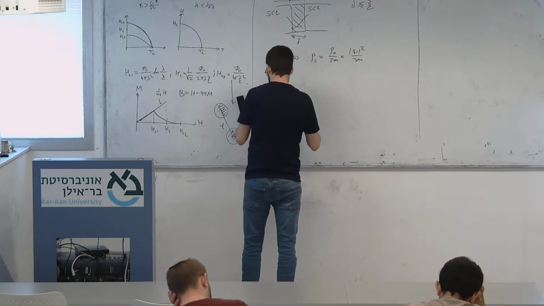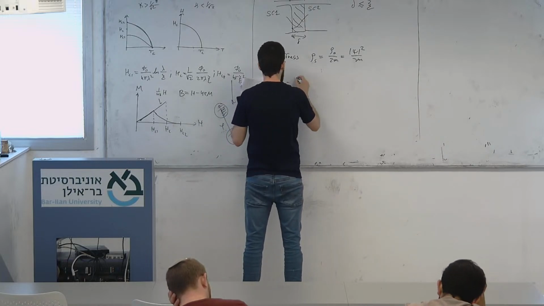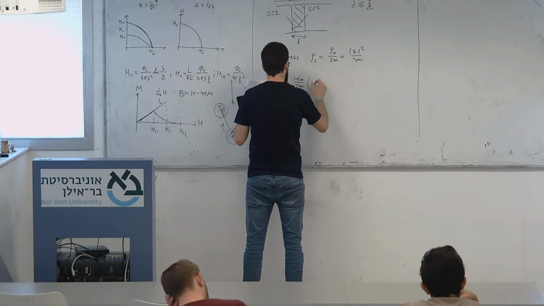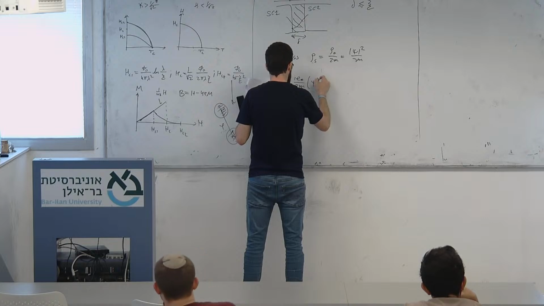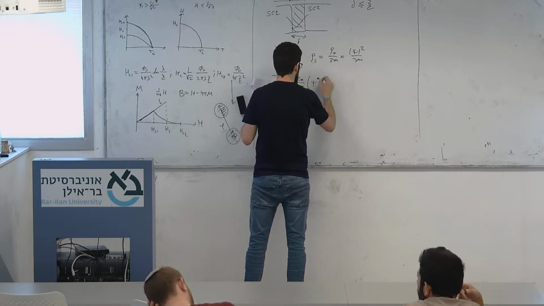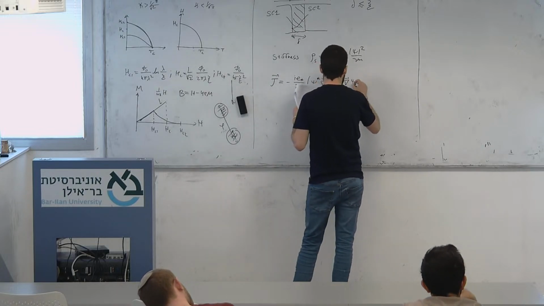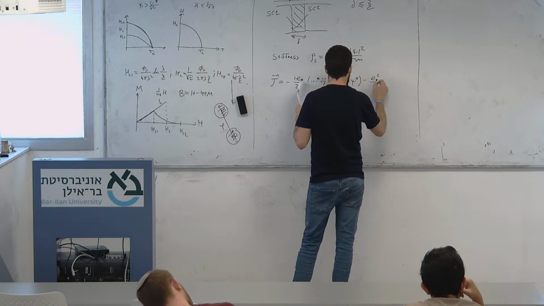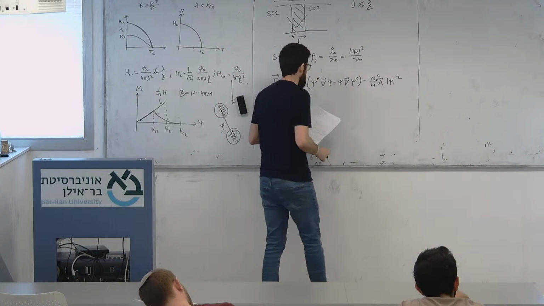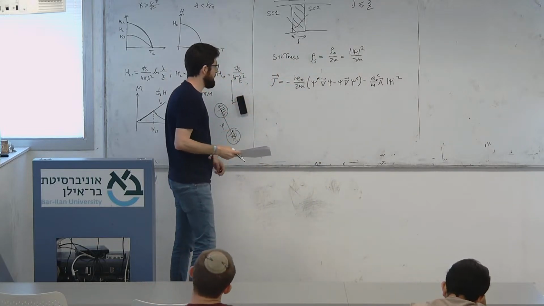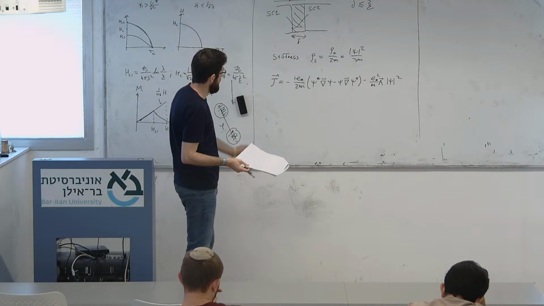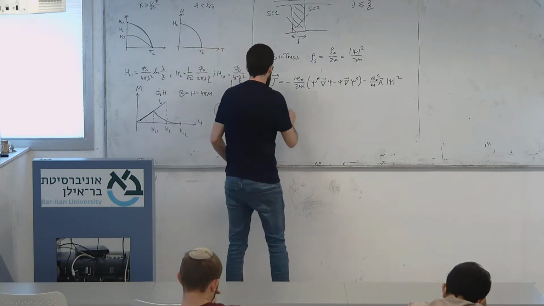I remind you that the gauge invariant current operator is given by the following. Now let's discretize this, assuming delta is very, very small.